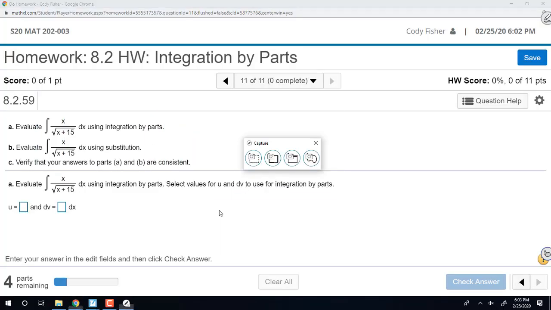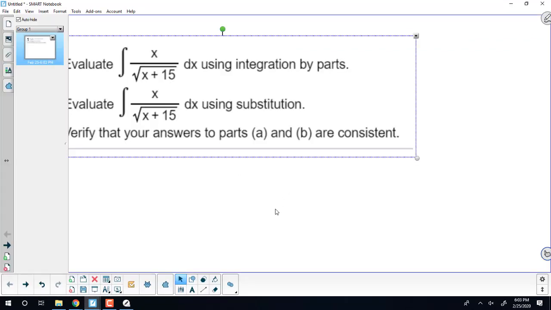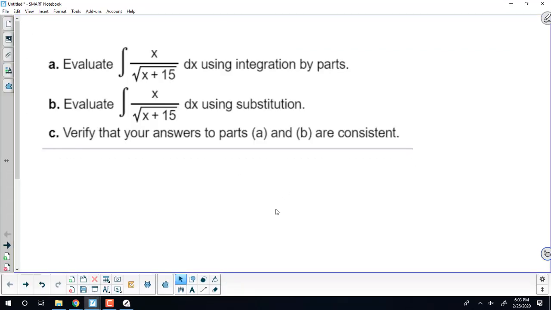It's actually x plus 25. X plus 25. I think this was number 11. We'll just change it there.